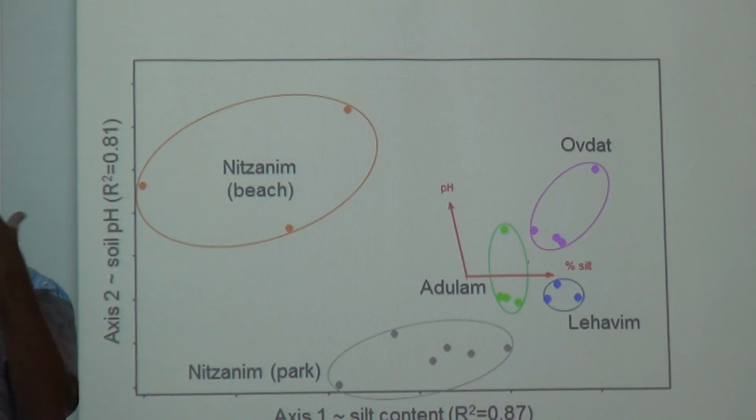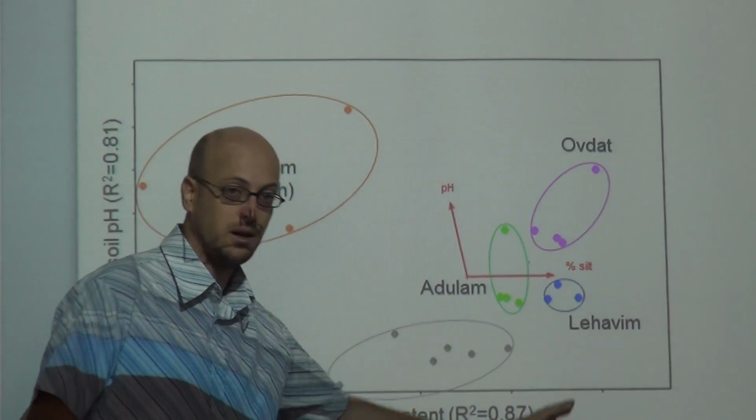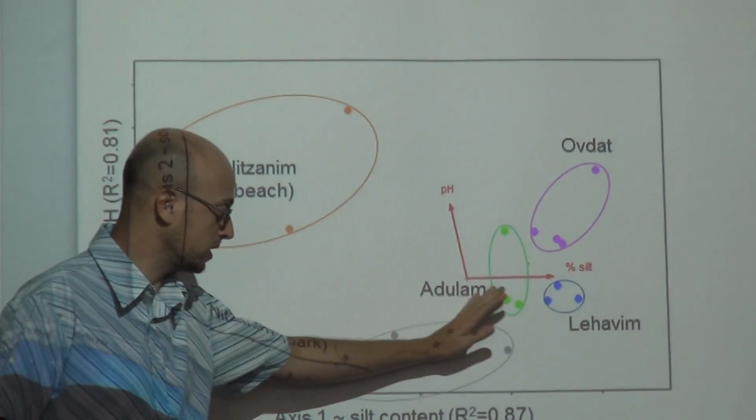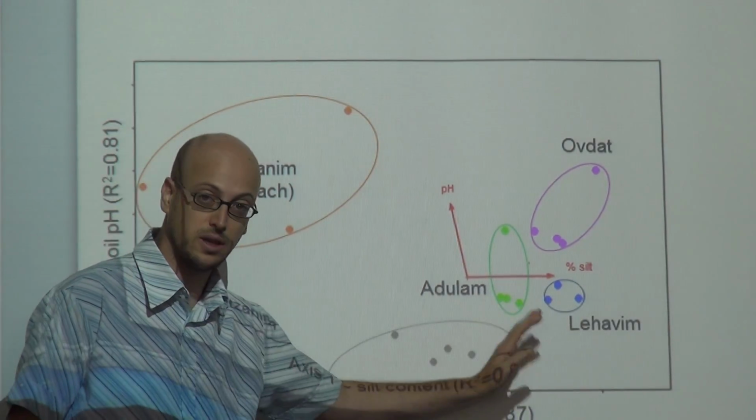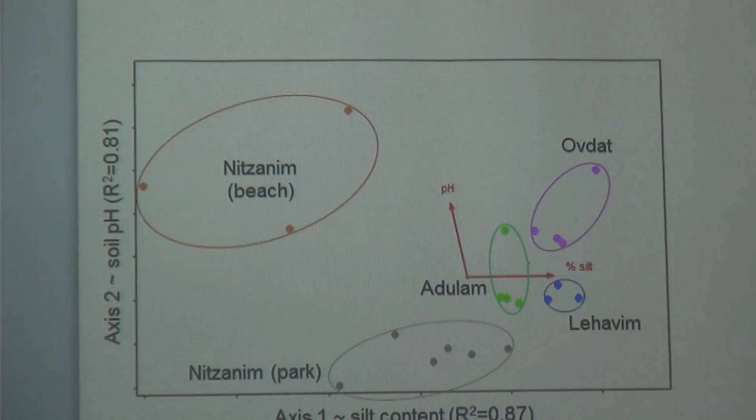So, for example, if you have this ordination, later you can do correlations, for example, between your position here, the x position here, and calories, or height, or protein content.